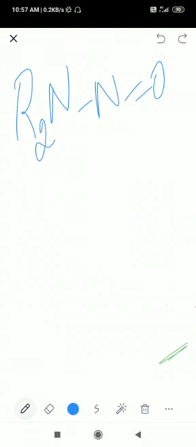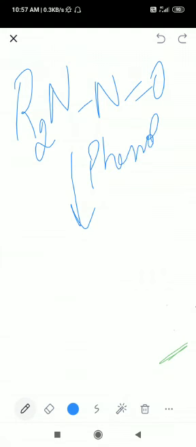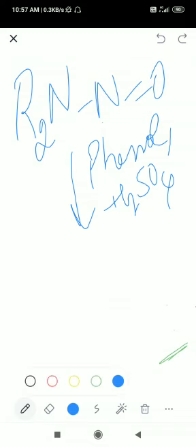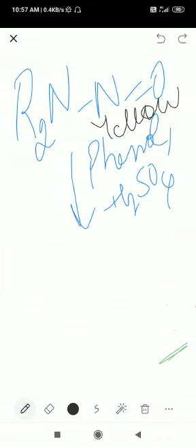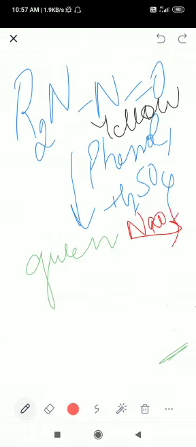When we add phenol and H2SO4, this yellow color will change to green color. Then if we add an alkali, any alkali, like NaOH, it will be converted into blue color.